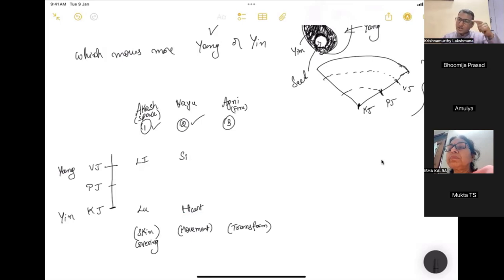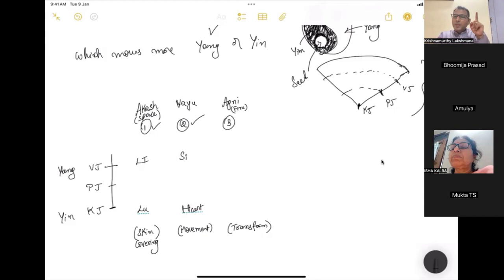I gave you the example, right? If you dip your finger inside the water, nothing happens. In jal, nothing happens. You put your finger in prithvi, sand, and take it out, nothing happens. You put your finger in vayu, when the air is blowing, nothing happens.